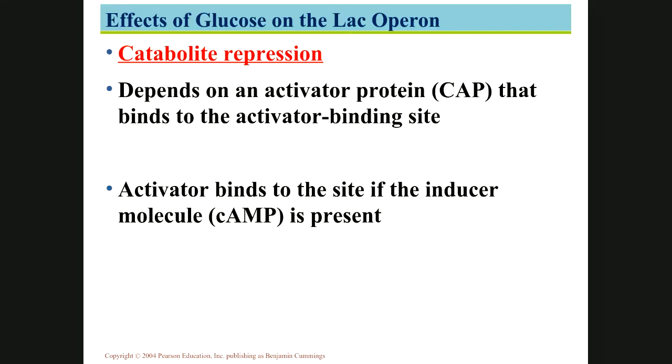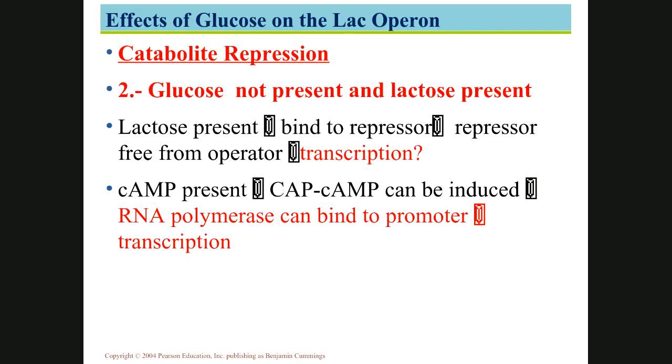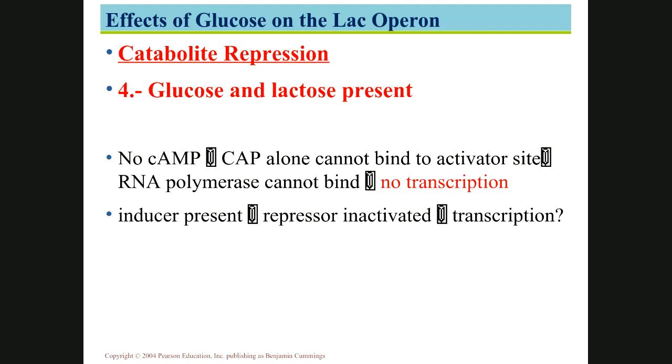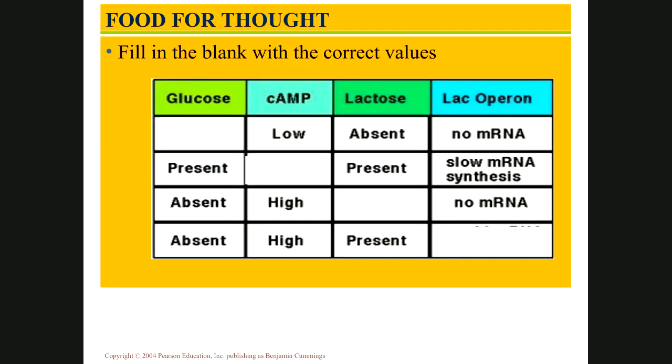So glucose is called the catabolic repressor because it's also going to repress the gene, so that the only scenario where the lac operon will be active is when there is no glucose and there's lactose present.